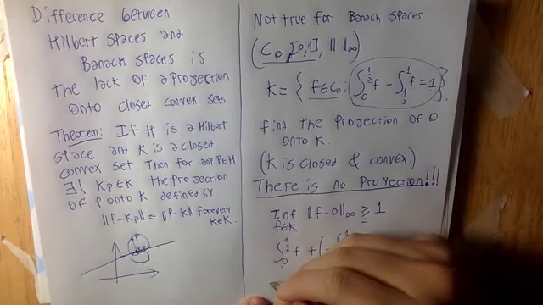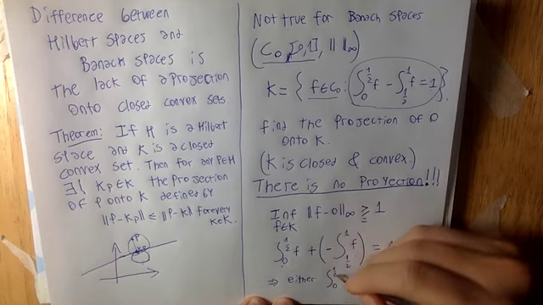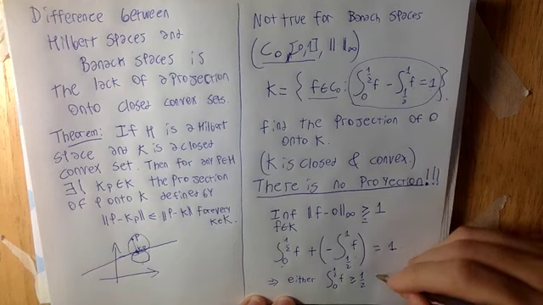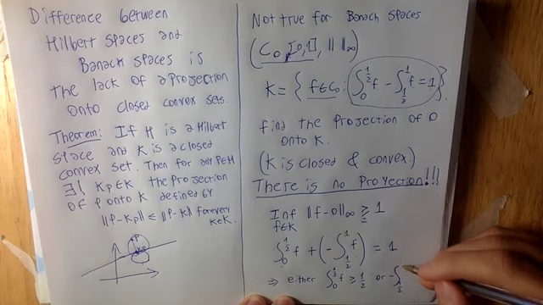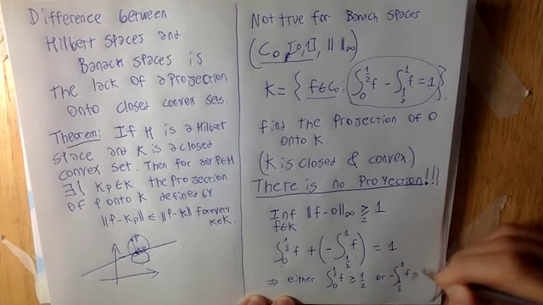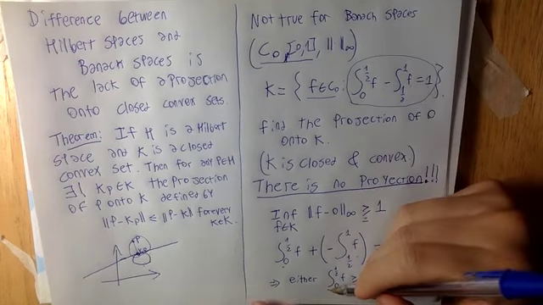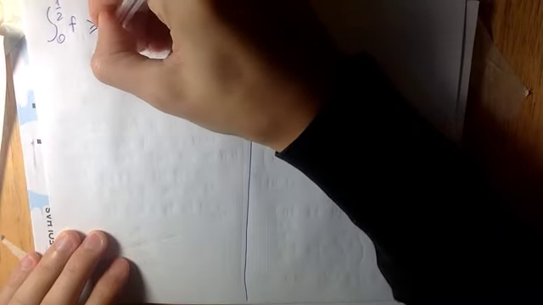Then either the integral from 0 to 1/2 of f is bigger or equal than 1/2, or minus the integral from 1/2 to 1 of f is also bigger than 1/2. So we either have this or we have that. Let's think that we have the first case. We suppose that the integral from 0 to 1/2 of f is bigger or equal than 1/2.